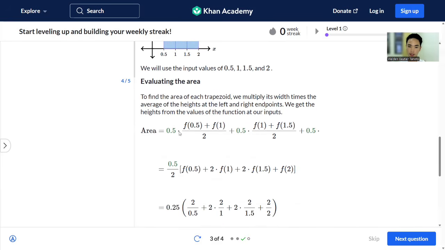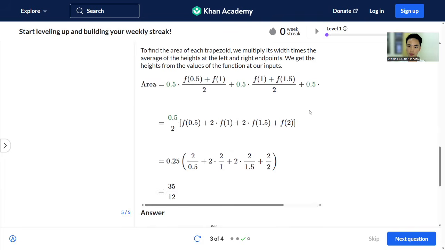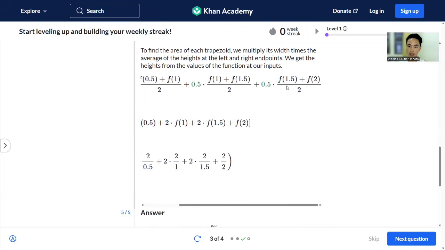Then the width times the function at 0.5 plus 1, added together, then divided by 2. And then the next one is 0.5 times function at 1 plus function at 1.5, added together and divided by 2. And then 0.5 times function at 1.5 plus 2, added together and then divided by 2.